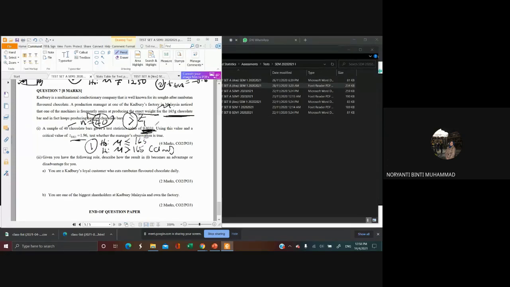Step number 2 has been calculated. This is its value. Step number 3 has been calculated. This is its value. Looking at this, is it right tail, left tail or two tail? Right tail, because it is greater here. So here it is 1.96. Now check 9.0331. Is it on the bright side or the dark side?